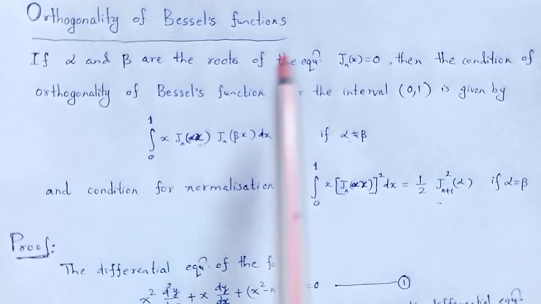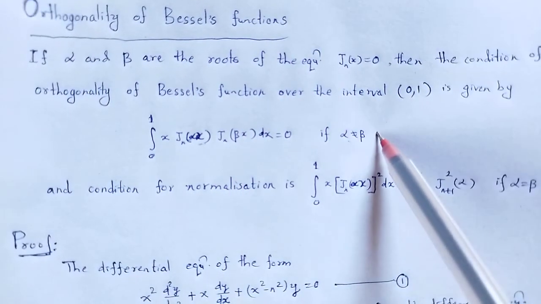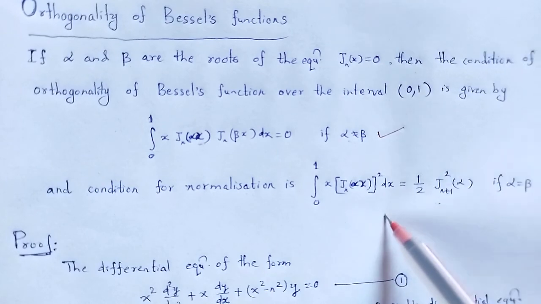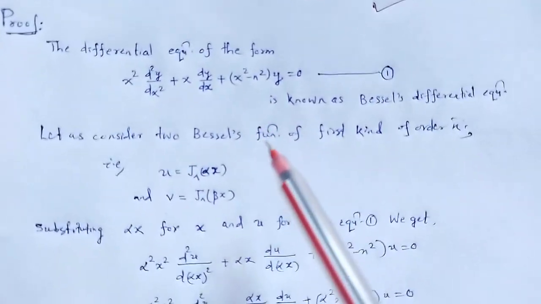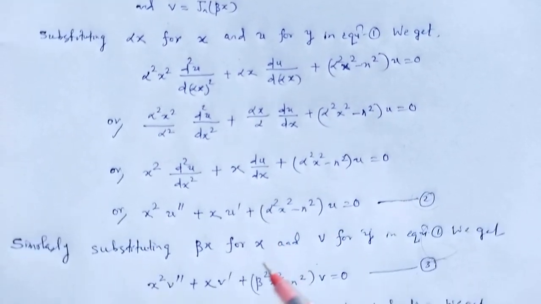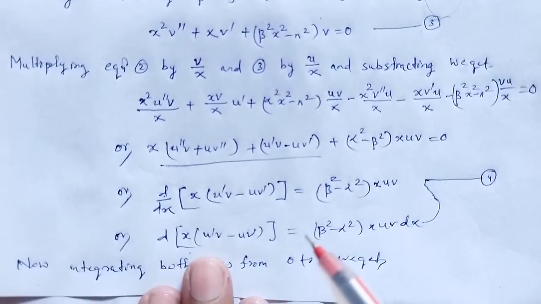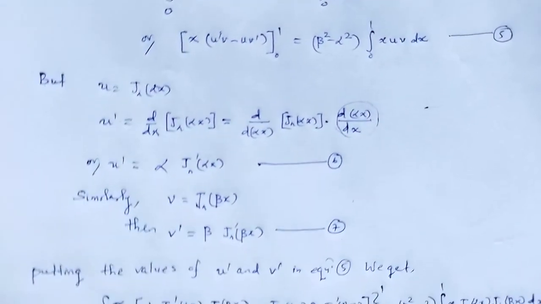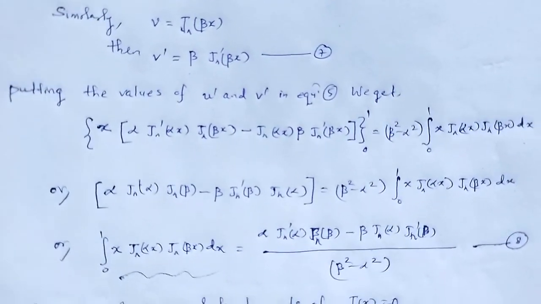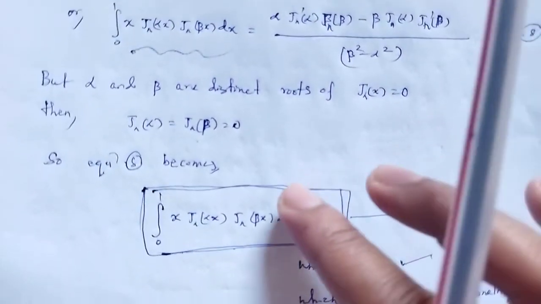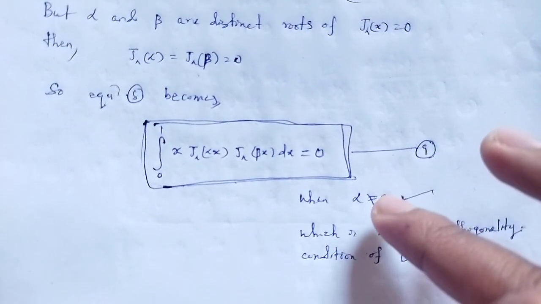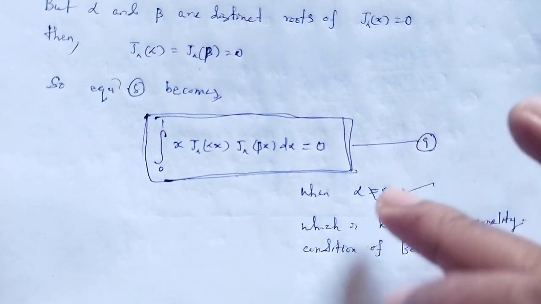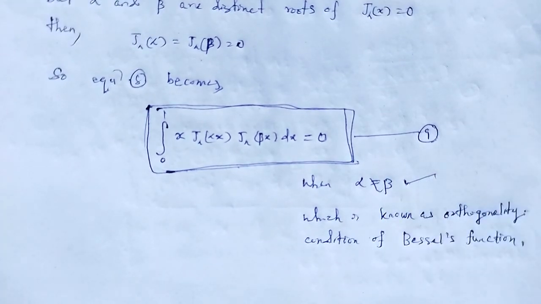So with the help of this video lecture we understand what is the orthogonality of Bessel's function. Two conditions, when alpha is not equal to beta, and when alpha is equal to beta. First equation we achieve taking the substitutions for the condition alpha not equal to beta.